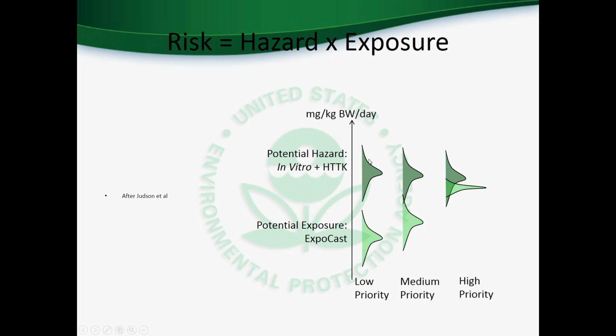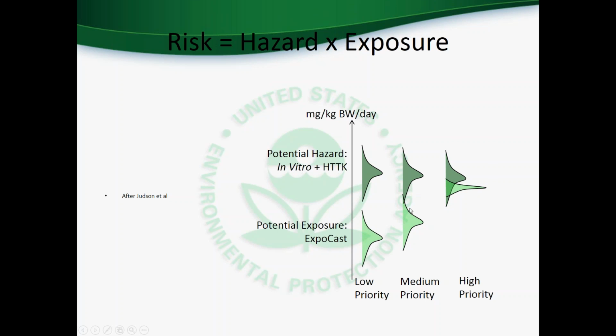But what you have here are Gaussian curves, and right here at this point is the AC50. So that's the activation concentration 50%. And so you see that for several different chemicals on the top. On the bottom, there are programs available where you can estimate exposure. So we're getting back to hazard and exposure. For this chemical down here, you've got a normal distribution for exposure for a different population.